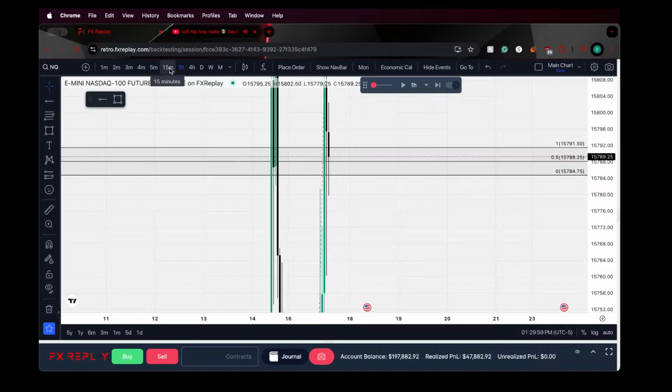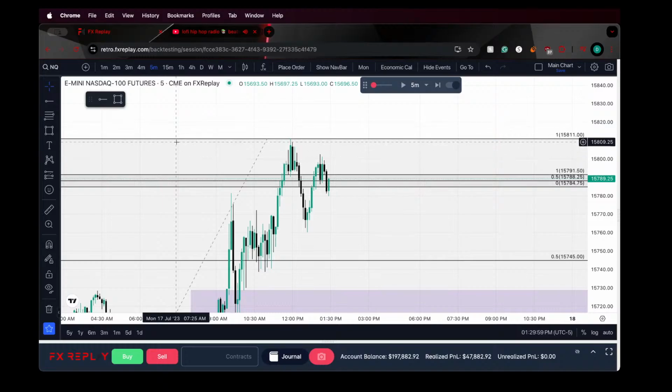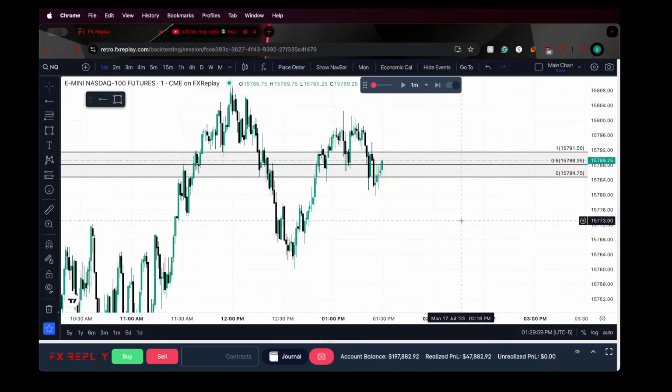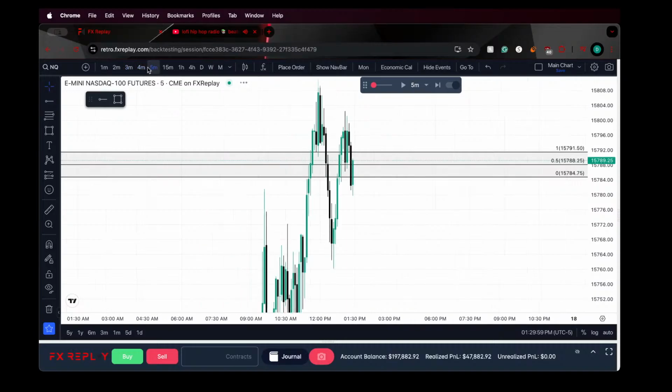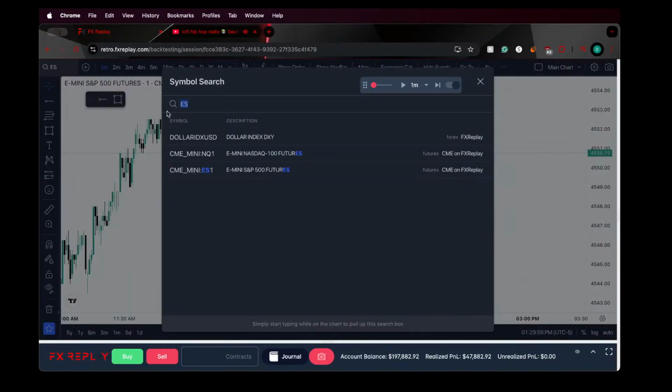If we go to the... delete this out of here and this out of here. Oh, wait, this one I want to show you that we closed above the mean threshold of that order block on a 2-minute basis as well. So potential move higher now.